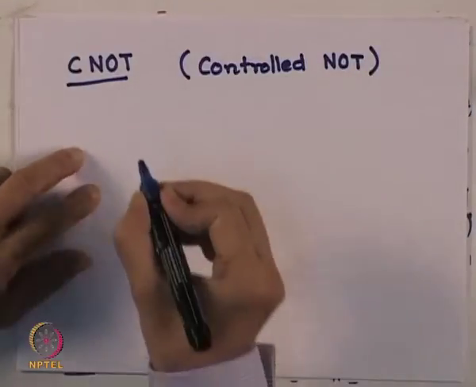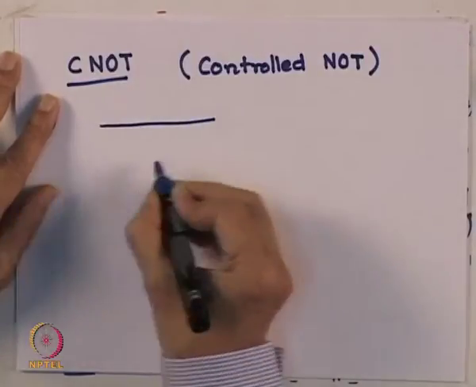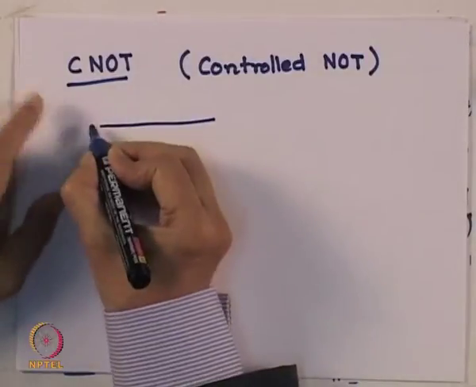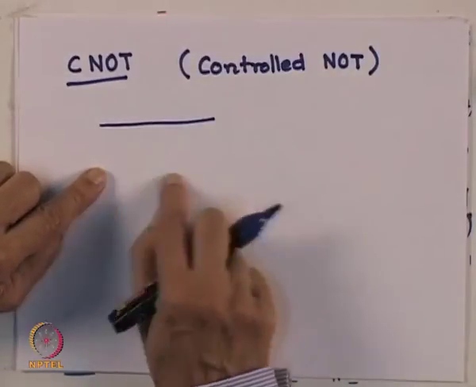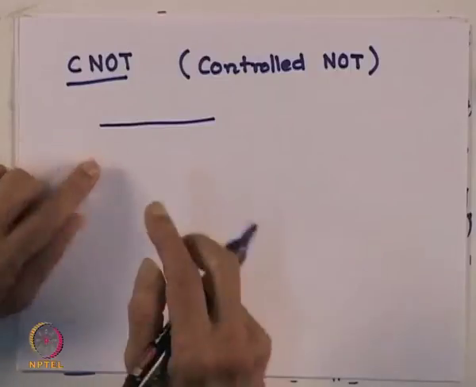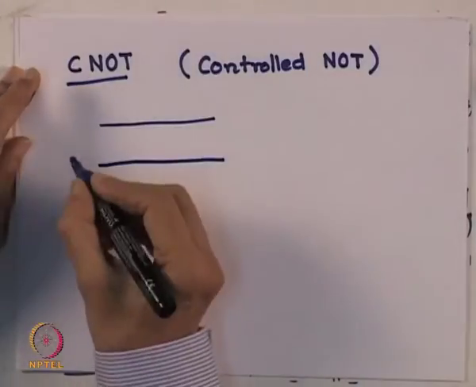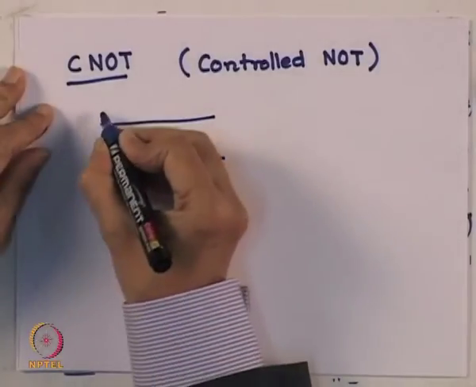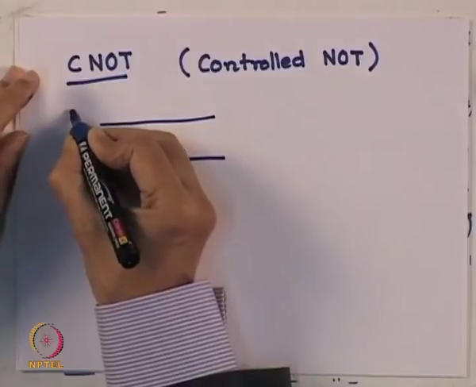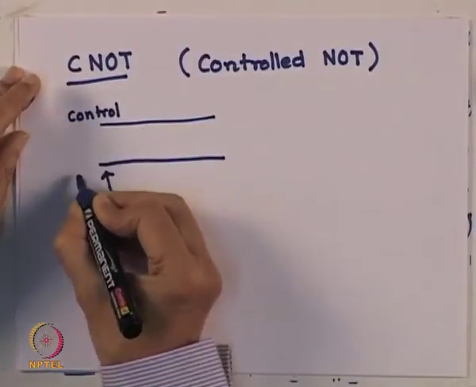The controlled NOT gate works like this. Suppose this is my input side. I am drawing the direction in which the logic is flowing. There are 2 qubits on the input side. The upper one is the control bit, and this is known as the target bit.